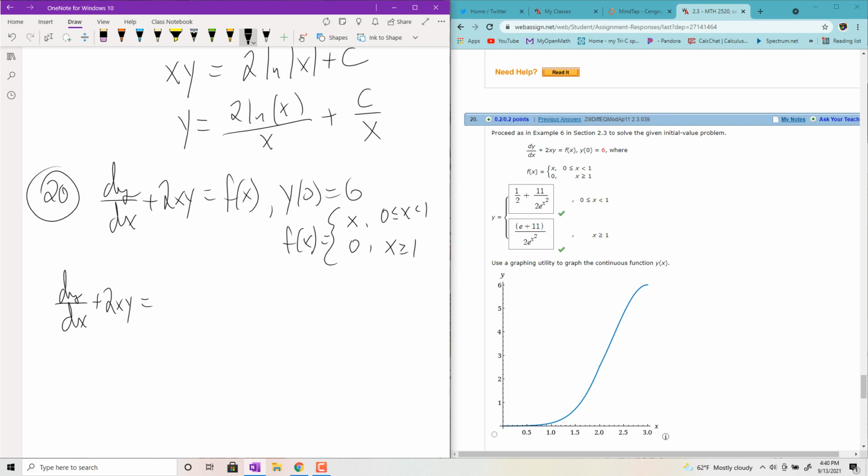You start with the one equal to x. The integrating factor here, e to the integral of 2x. So that will be e to the 2x squared over 2, so e to the x squared. Multiply through by that.